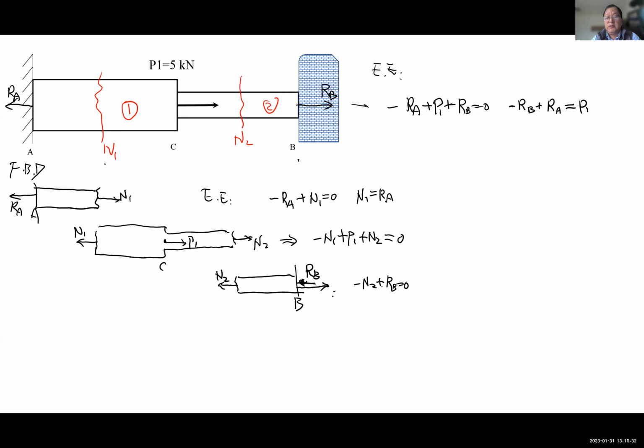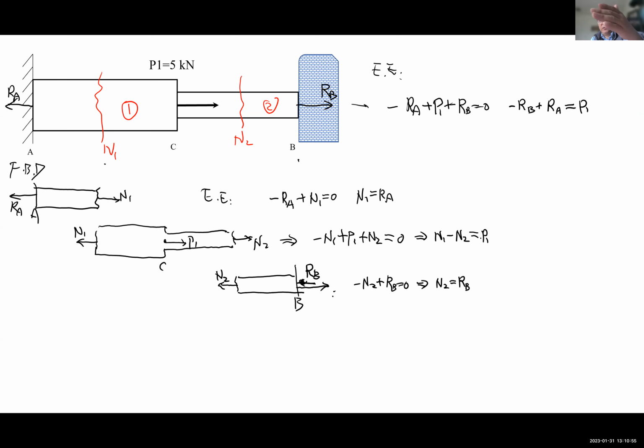So this one gave me N2 is equal to RB. And this one gave me N1 minus N2 equals P1, right?